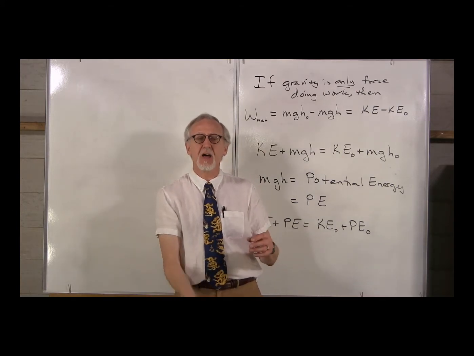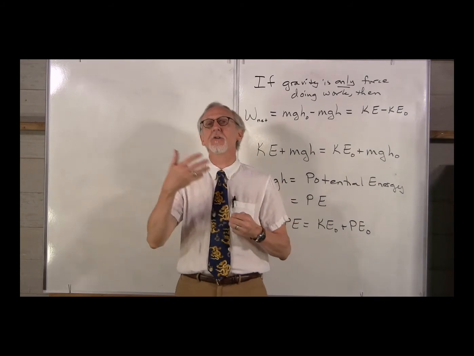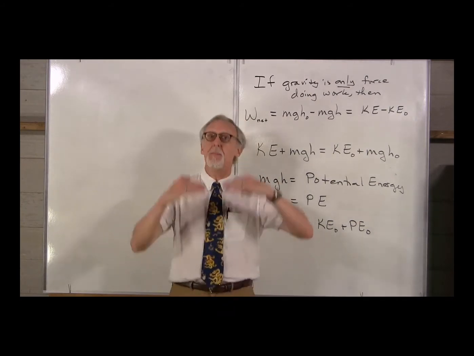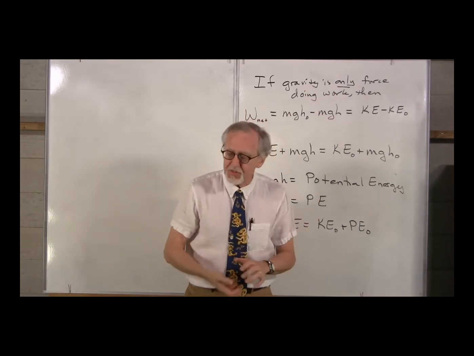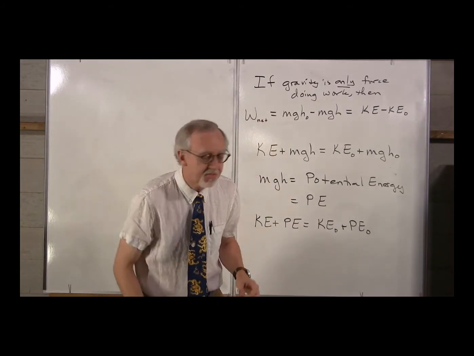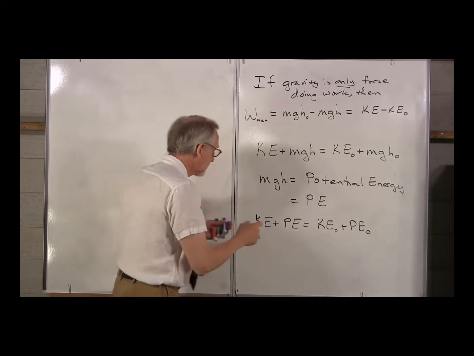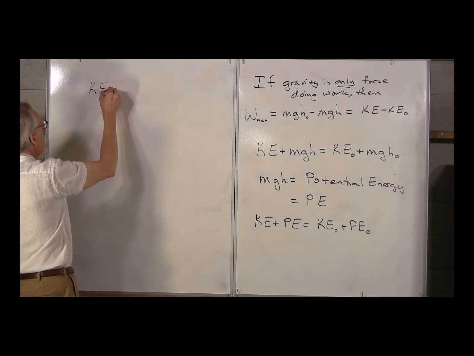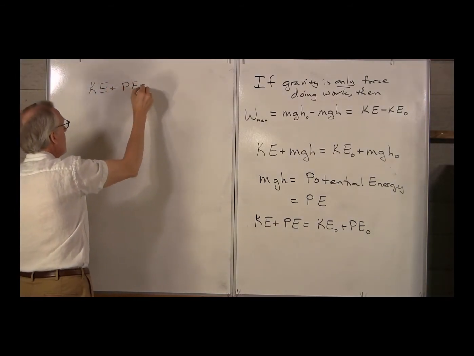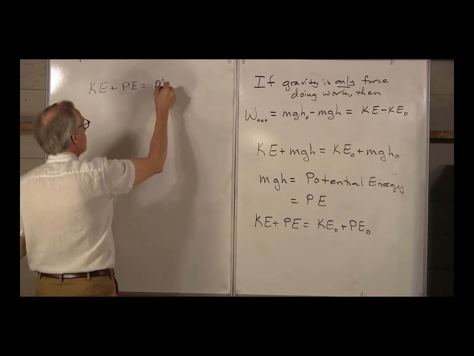As the object goes up, the kinetic energy decreases and it turns into potential energy, meaning the object is higher up. So we can think of this then as the sum of these remains constant. The sum we refer to, the kinetic plus the potential, we refer to this as the mechanical energy.